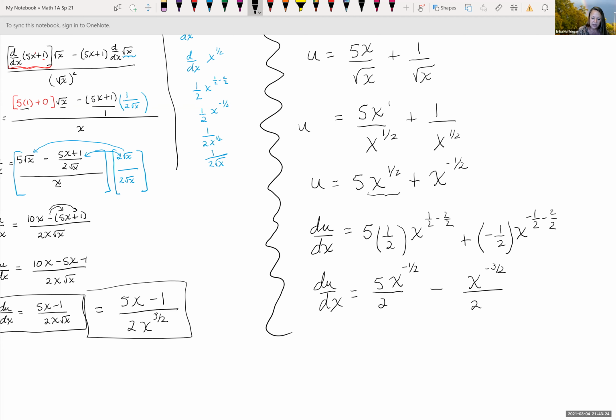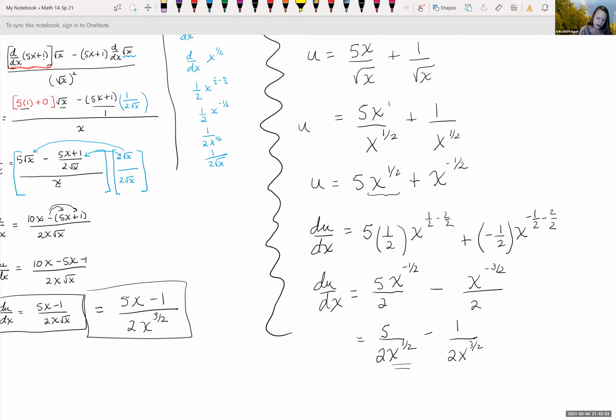If we brought our terms with the negative exponents down, this is really 5 all over 2x to the 1/2 power, minus 1 all over 2x to the 3/2 power. Our LCD there is 2x to the 3/2 power. So really what's missing is I need this to be 3/2. I have to think to myself, 1/2 plus what would give me 3/2, because of rules of exponents.